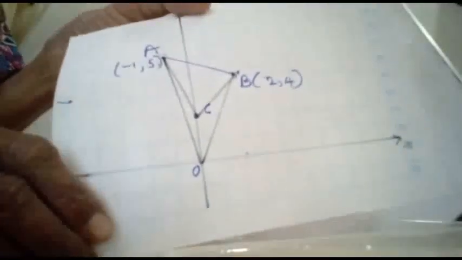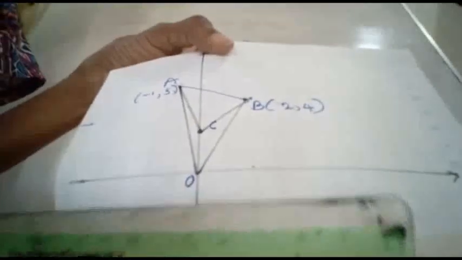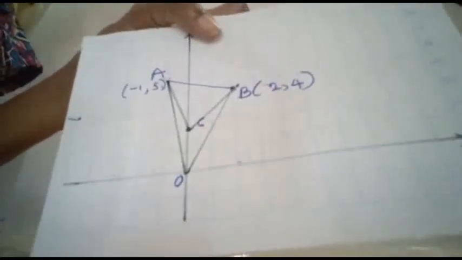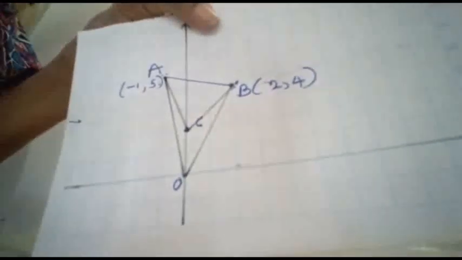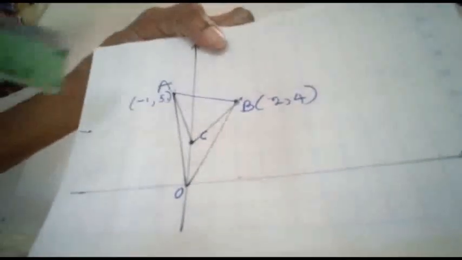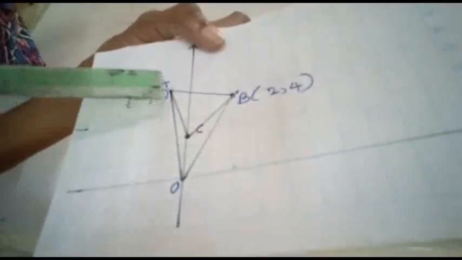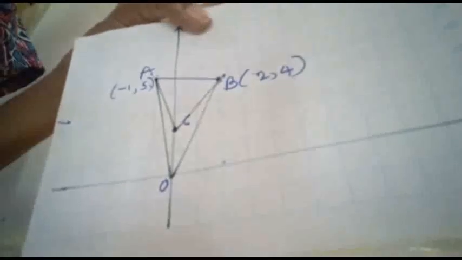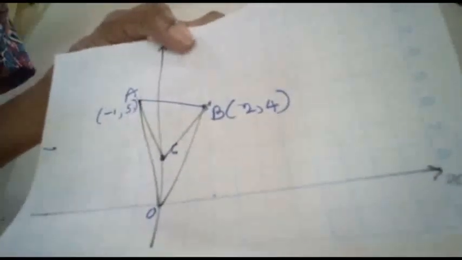Now we are going to show this triangle ABC. ABC is an isosceles triangle. We must find the magnitude of these sides AB, BC and AC, the modulus of these vectors.